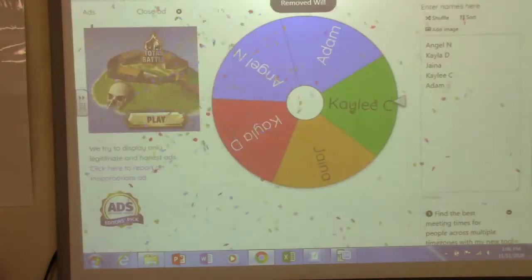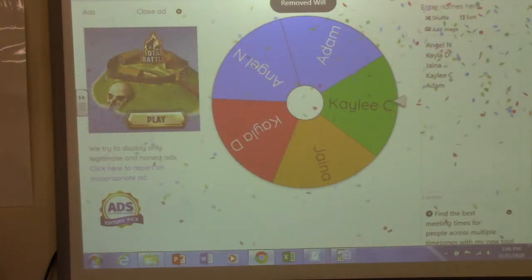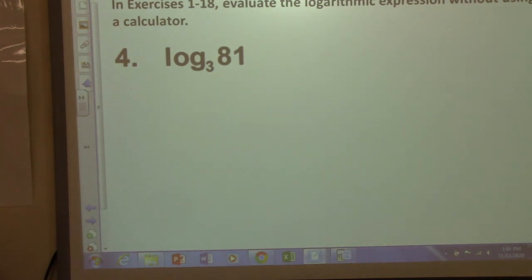So Will says x should be equal to 4. Yep. Okay. How did you do that one? I set it up 3 to the power of x equals 81. 81 is 3 to the power of 4. So 3 to the x equals 3 to the power of 4, x equals 4.